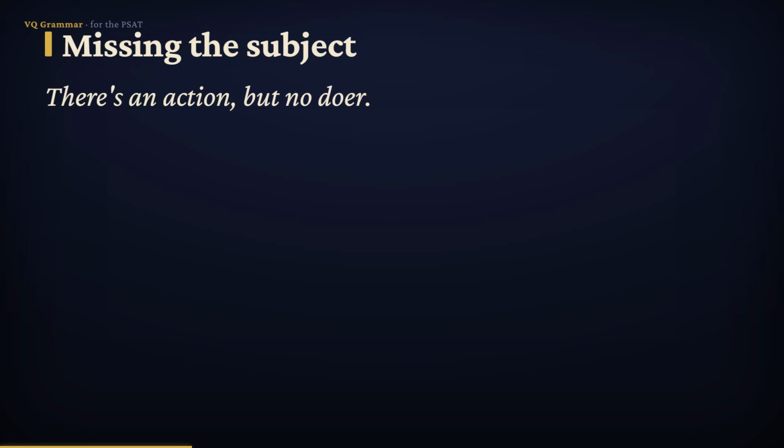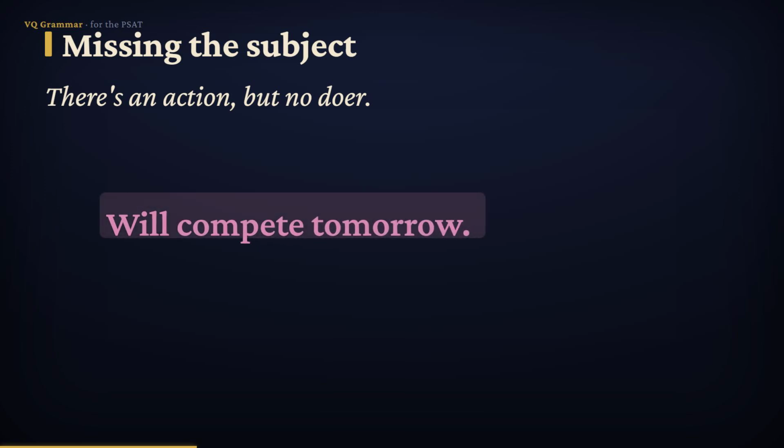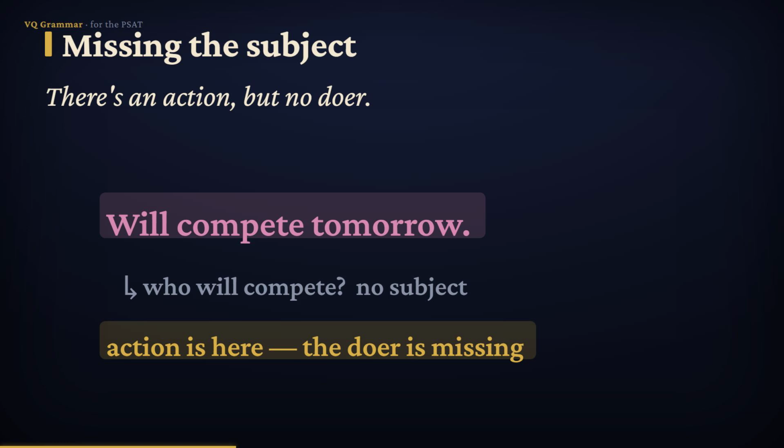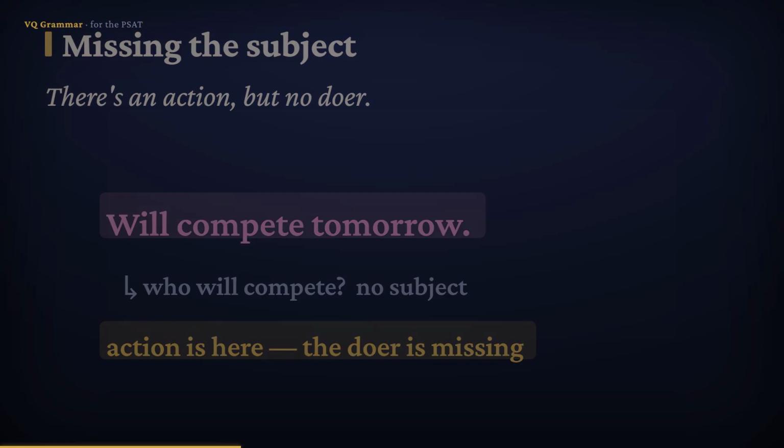Here's one missing its subject. Will compete in the chess tournament. There's clearly an action, will compete, but stop and ask, who will compete? Nobody is named. The doer is missing. The action is there, but with no subject doing it, this is only a fragment.